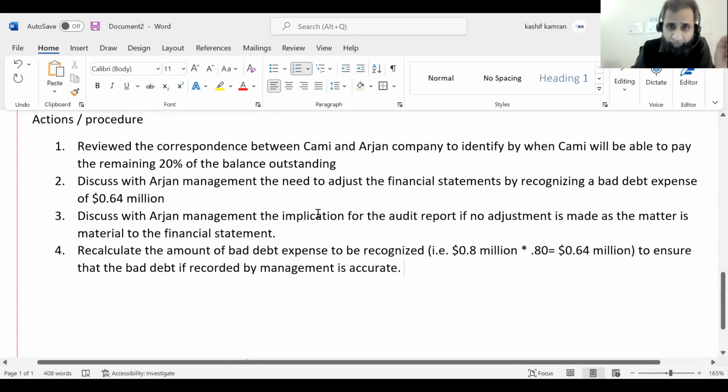You can review the correspondence between Kemi and Urgent to identify by when Kemi will be able to pay.